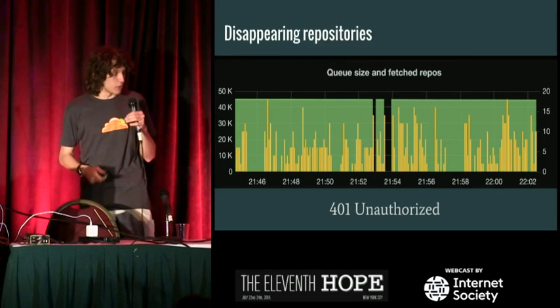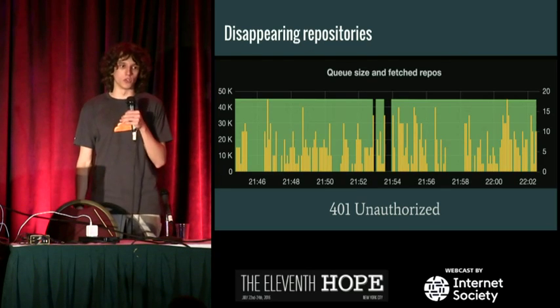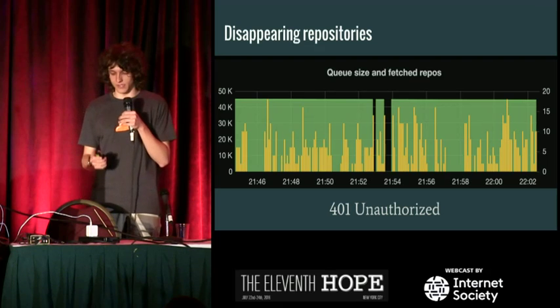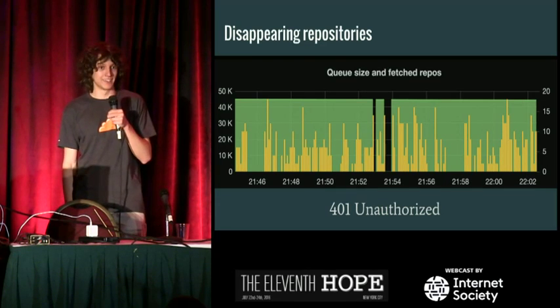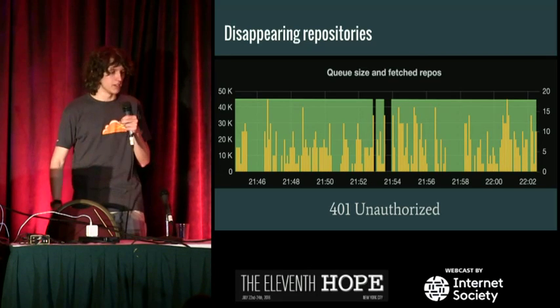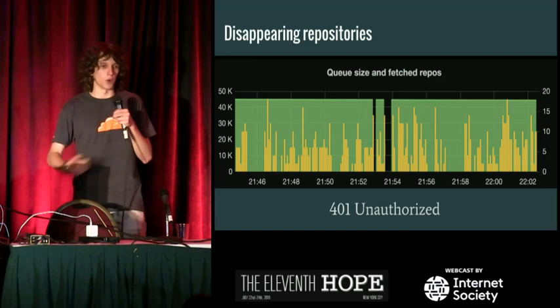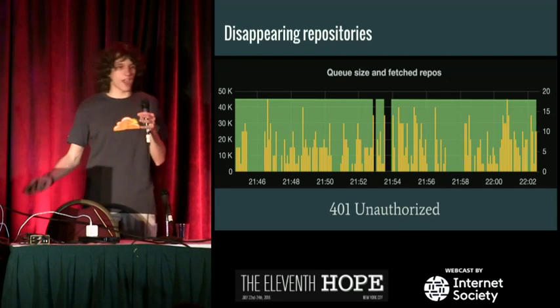Then another time we saw a crash, and that crash was caused by a 401 return code from GitHub. And we panicked because 401 is unauthorized. And we're like, damn, they don't want us to do this. They blocked us. We triggered some automatic abuse system. Everything will not work.